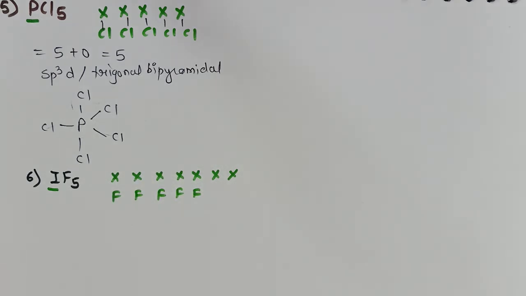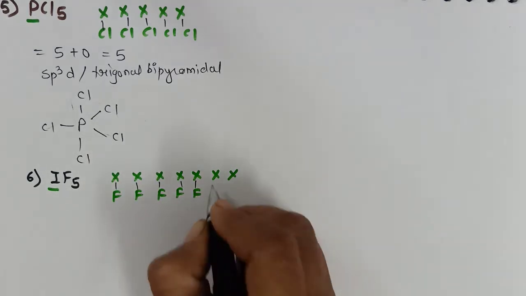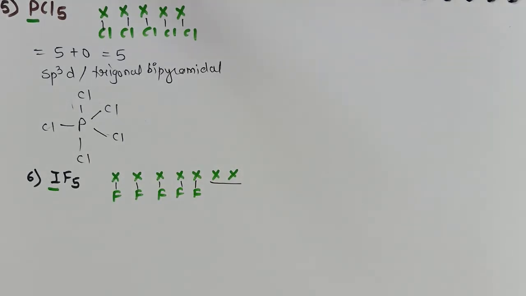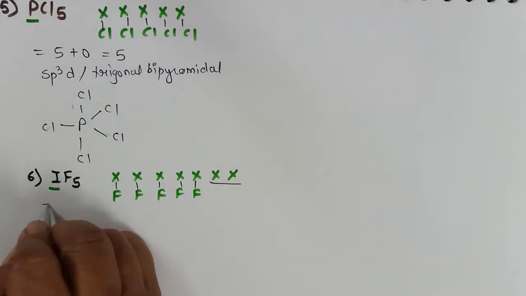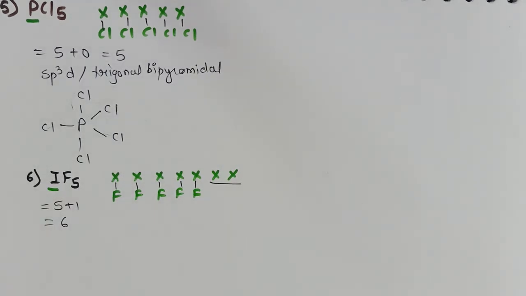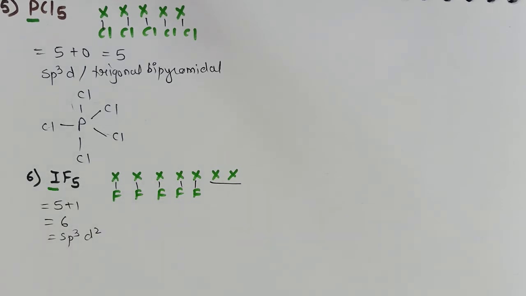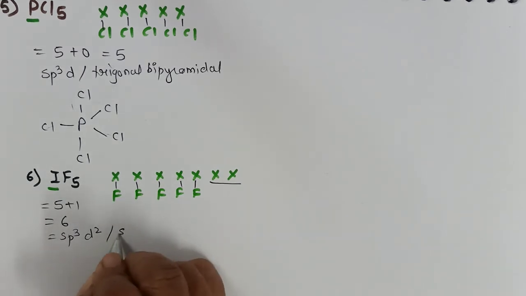So how many bond pairs and lone pairs? 1, 2, 3, 4, 5 bond pairs and there will be 1 lone pair. Therefore the sum will be 5 plus 1, that is 6. So this indicates sp3d2 hybridization and it will show square pyramidal geometry.